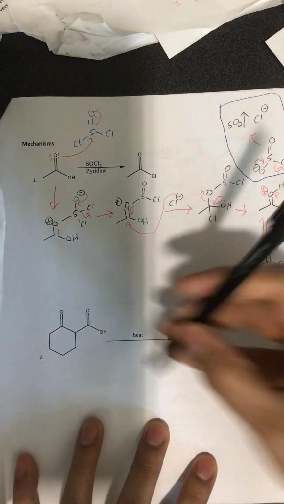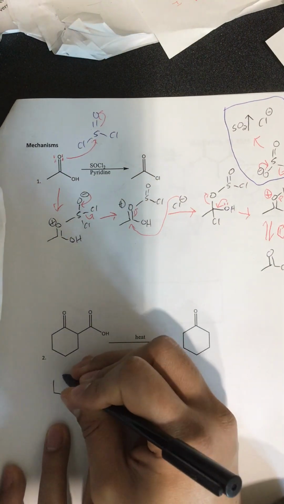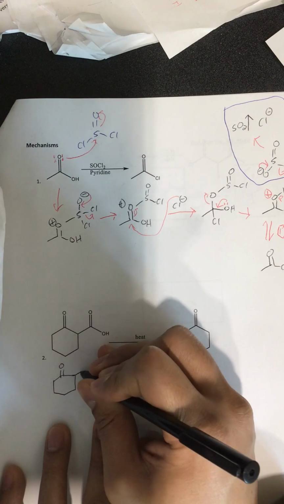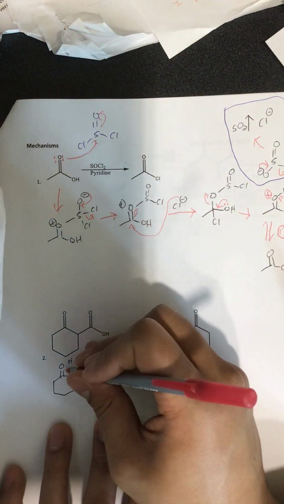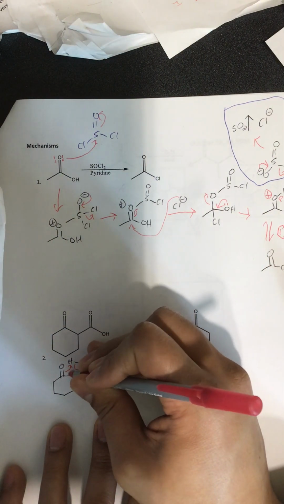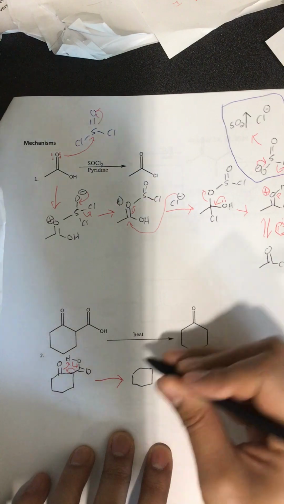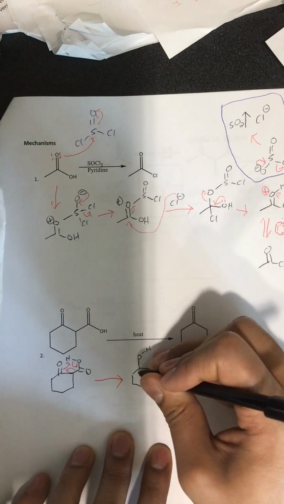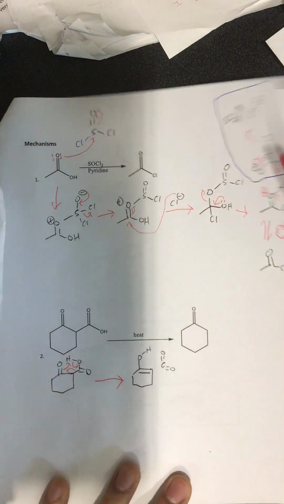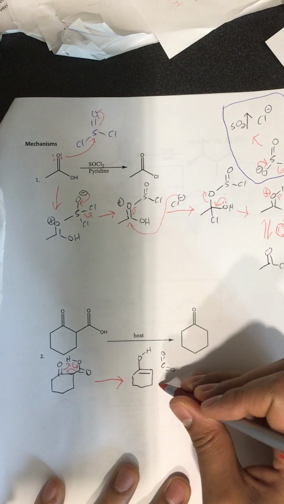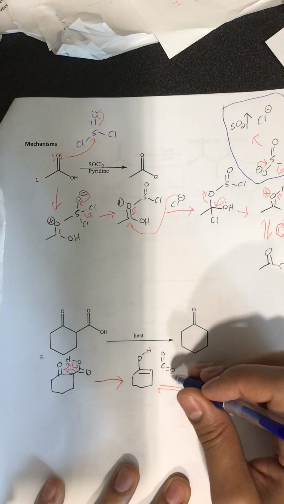All right, next one. If I'm going here, what's the mechanism for this decarboxylation? Well, first I'm going to just redraw this molecule. Now we're going to go and move our arrows. And now essentially, or not essentially, exactly, I just have to do tautomerization. So when I come here, the next step, I just need some sort of base or acid.